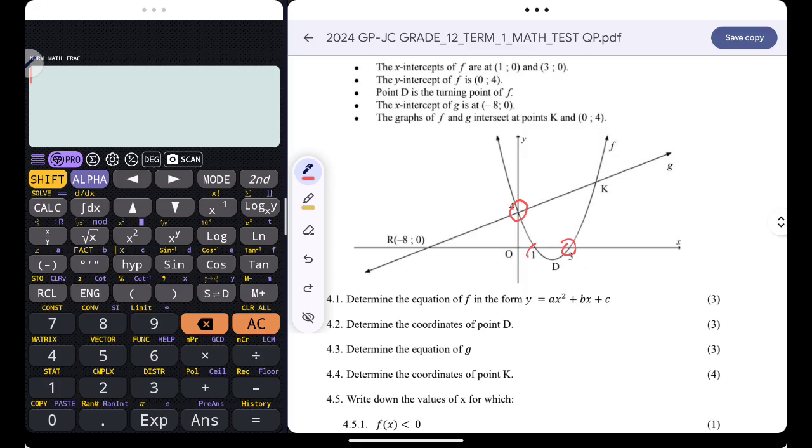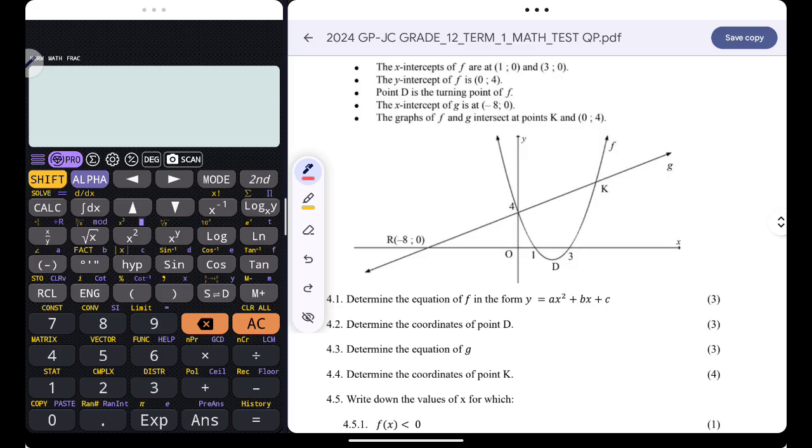D is the turning point of the graph of f, and the x-intercept for g of x is at -8, or rather at point R. Both graphs of f and g intersect one another at K, which is also the y-intercept.